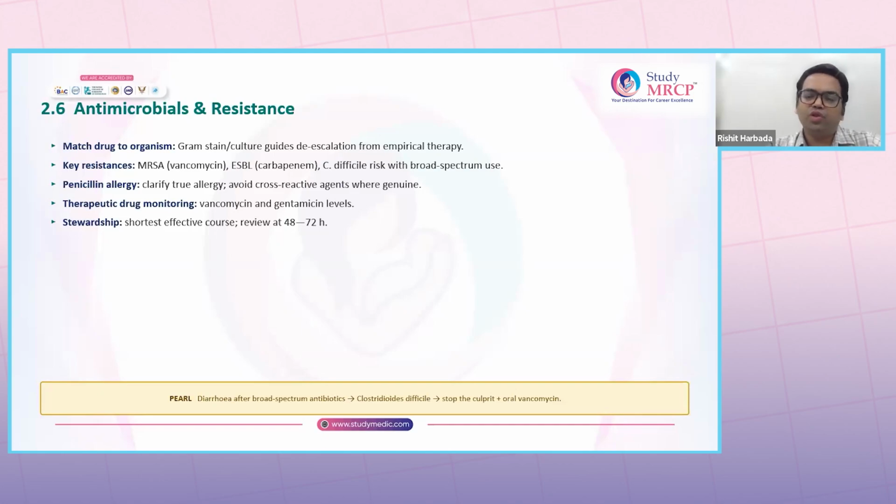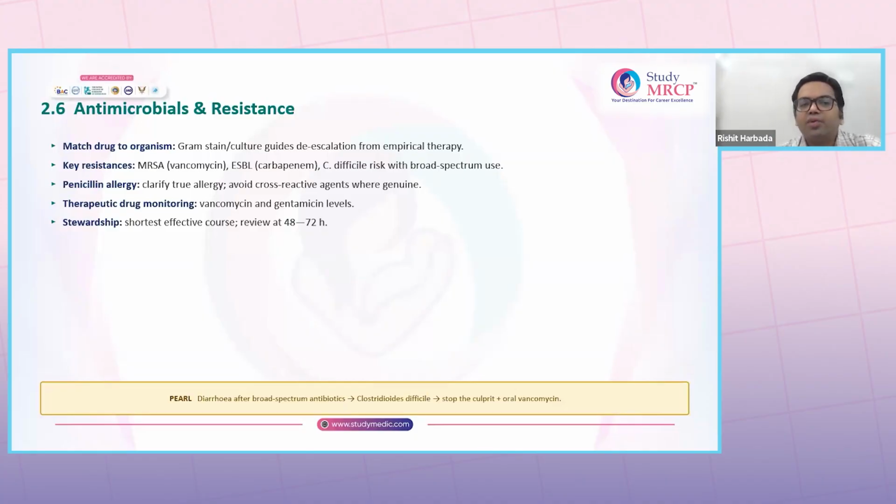Here you are going to do the toxin A and B of the Clostridium difficile and the GDH, which will confirm the test. You stop the offending agent and you put the patient on metronidazole and oral vancomycin. Please always remember that C. diff, always treat them with this, which is very, very important.